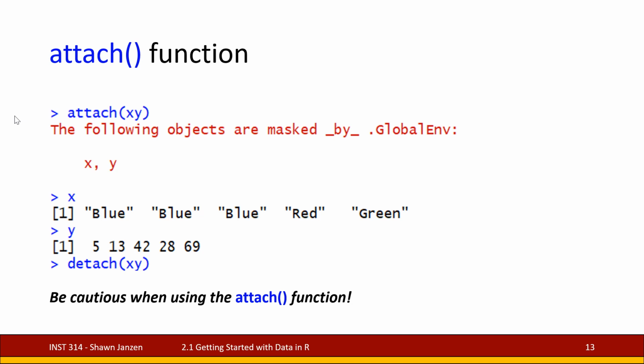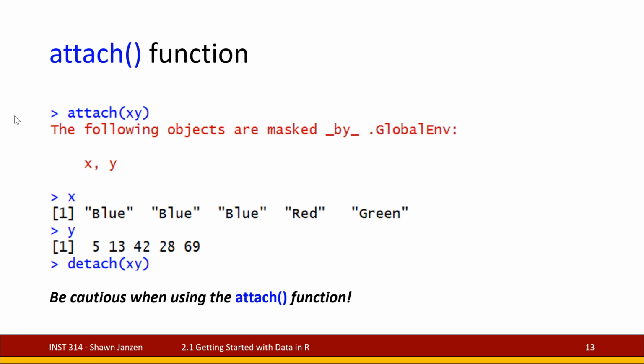The other problem happens to be that you can attach multiple data frames at once. And that could be troubling if you have multiple data frames attached where they have variables that share the same name. For example, one of the data sets we will be working on in this class is the GSS, the General Social Survey.